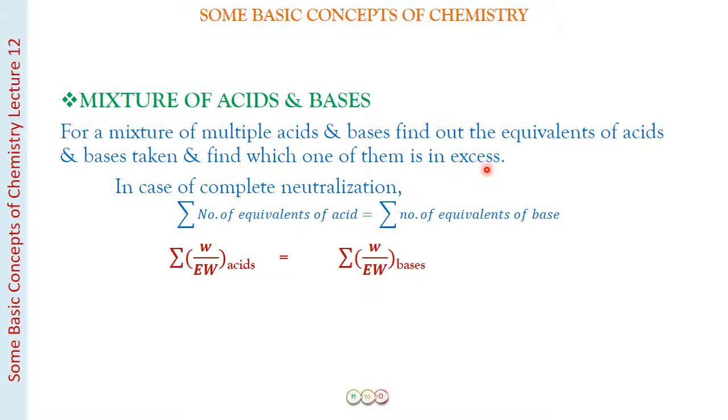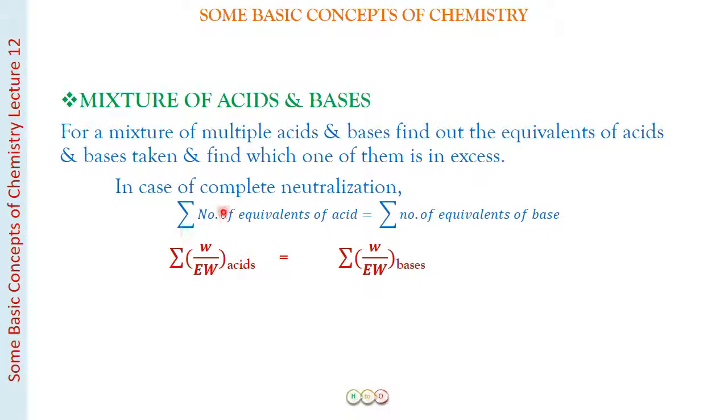The one that is in excess is going to give the acidity or the basicity of the total solution. And in case there is complete neutralization, then the sum of all the equivalents of the acids and the sum of all the equivalents of the bases are going to be the same.